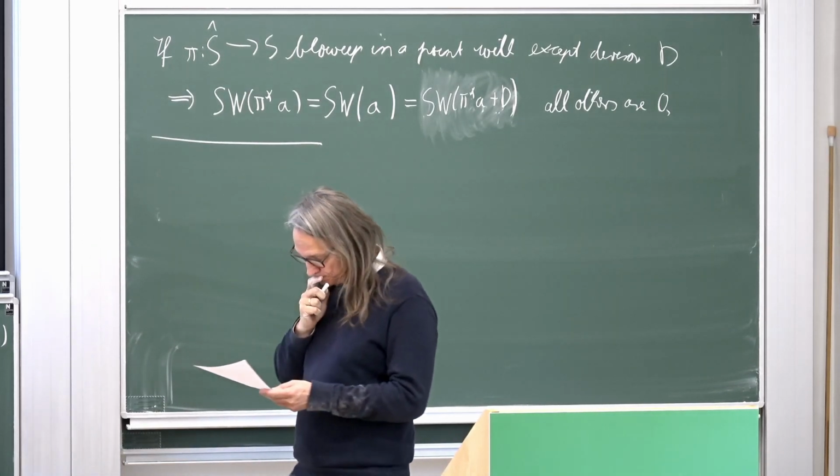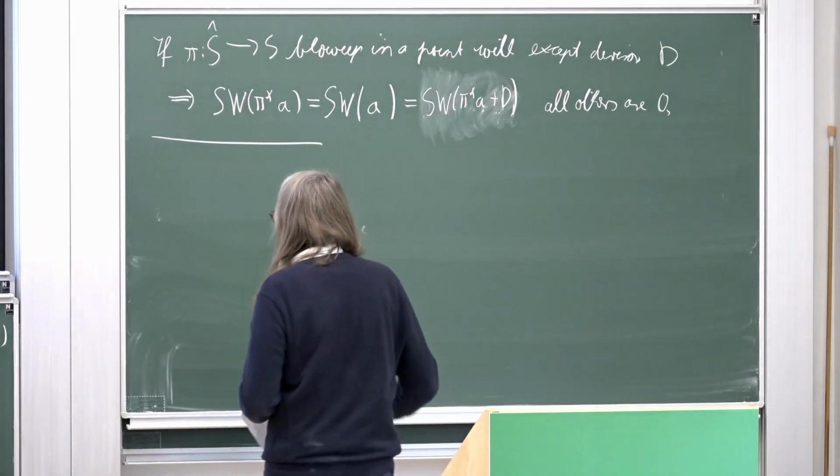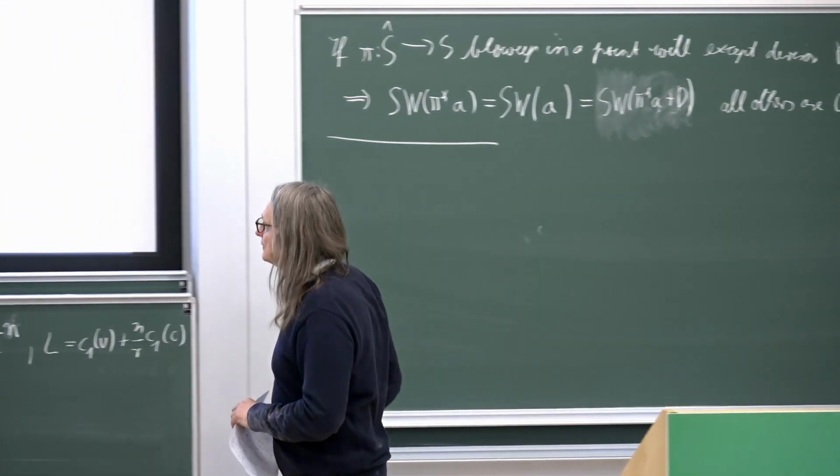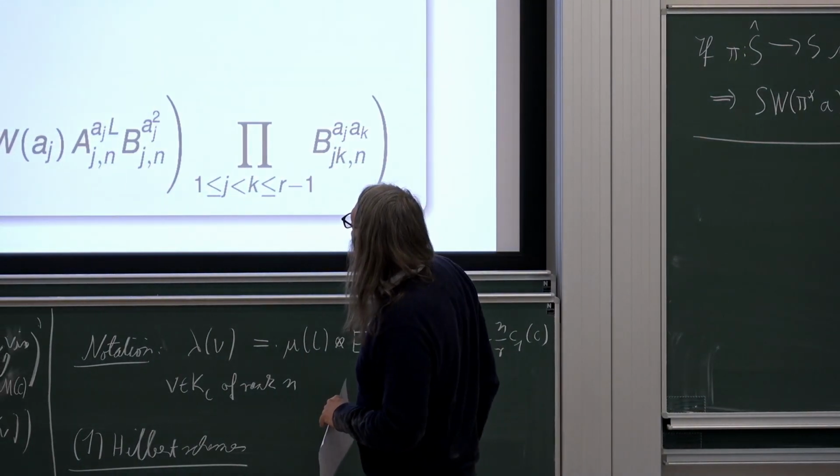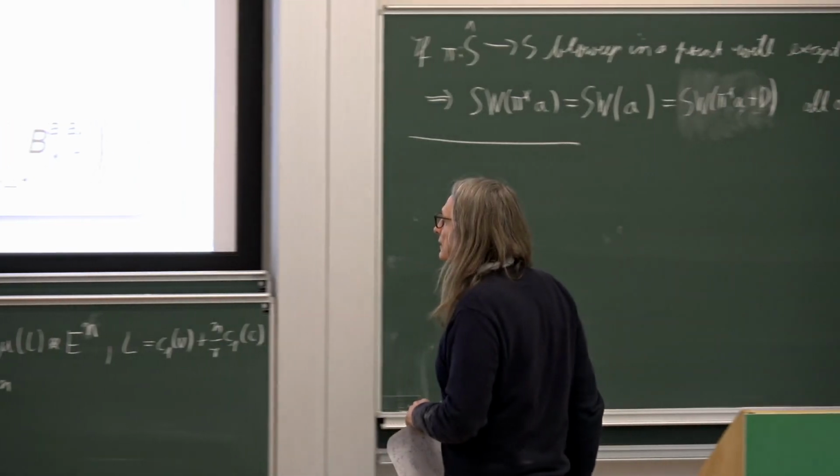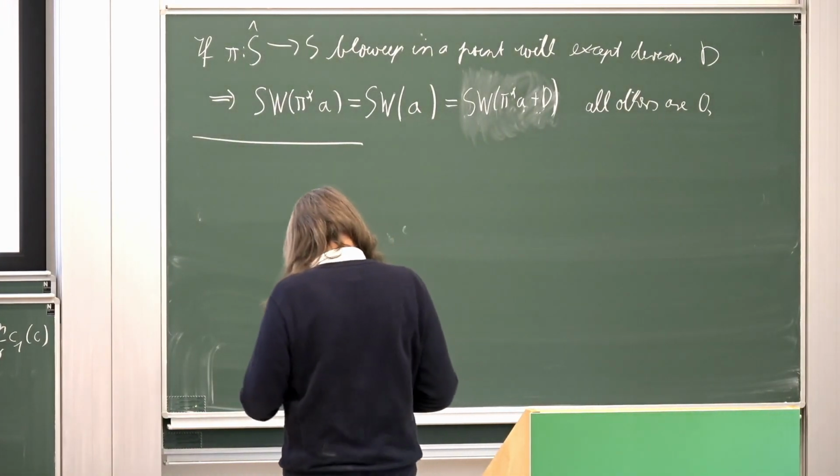Okay. So we just want to remember that the power series that we don't know are the ones that depend on the Seiberg-Witten class of canonical class.